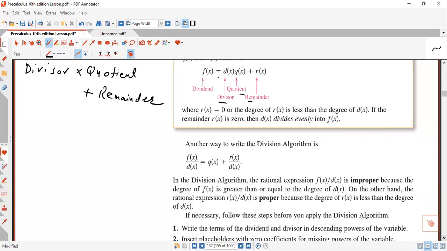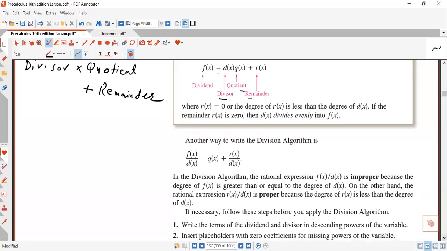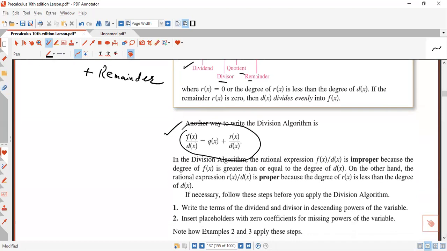Now we have to follow these things with polynomials also. Here, you may also get another relation if I divide, let's suppose, d of x. Then you will get this algorithm, the same expression or relation.